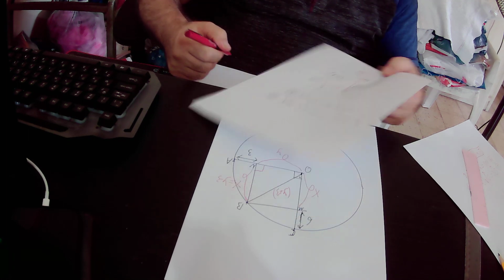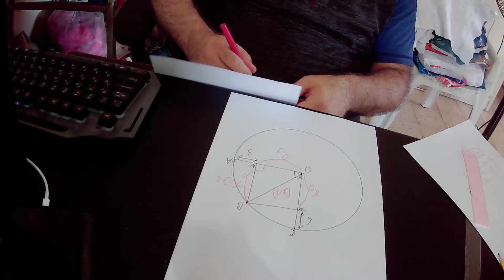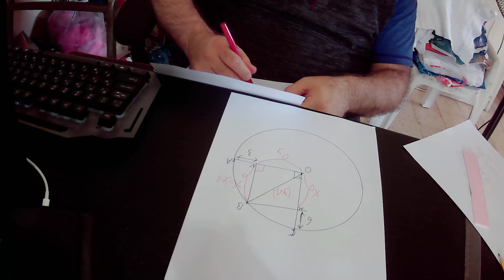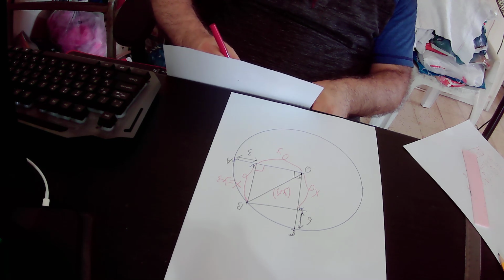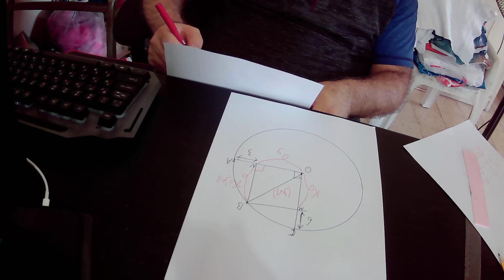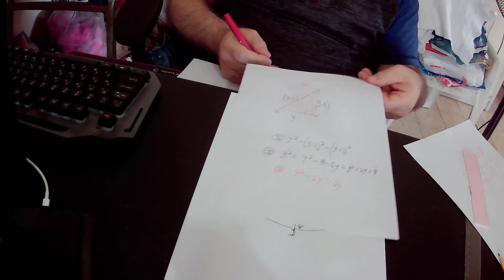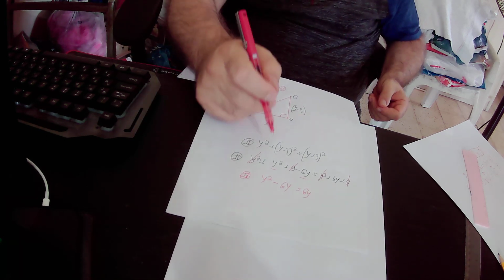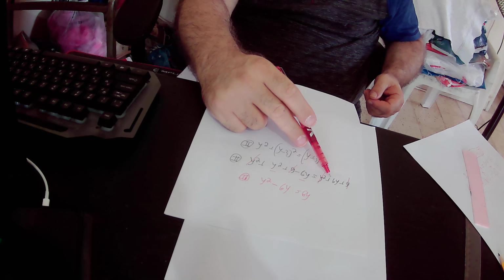We are left with y square minus 6y equals 6y.